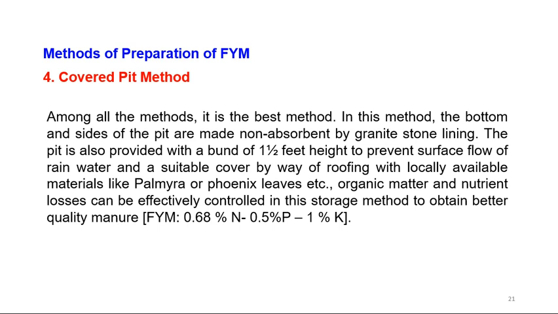The pit is also provided with a band 1.5 feet high to prevent surface flow of rainwater, and a suitable cover by way of roofing with locally available materials like leaves. Organic matter and nutrient losses can be effectively controlled in this storage method to obtain better quality manure.